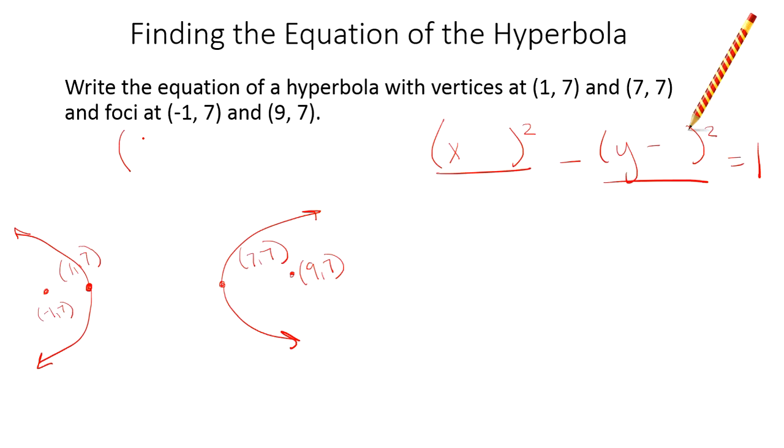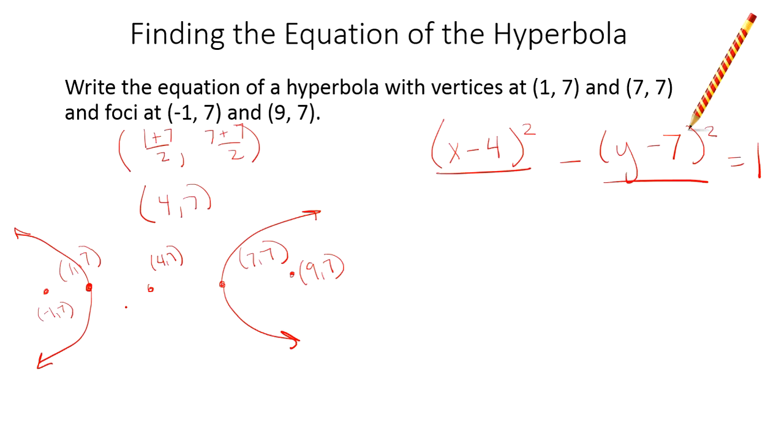So I'm going to go 1 plus 7 divided by 2 and 7 plus 7 divided by 2. So my center is at 4, 7, looks like. So I'm going to have x minus 4 and y minus 7.